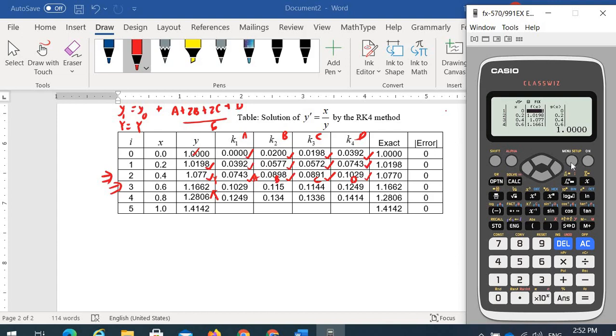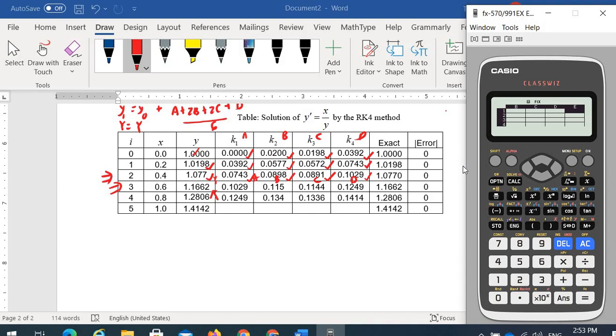And then actually in this model we have the spreadsheet, but unfortunately it offers only 5 columns, A, B, C, D, E. 5 columns only. So if we want to perform the RK4 using spreadsheet, there are not enough columns because we have X, Y, and K1, K2, K3, K4.